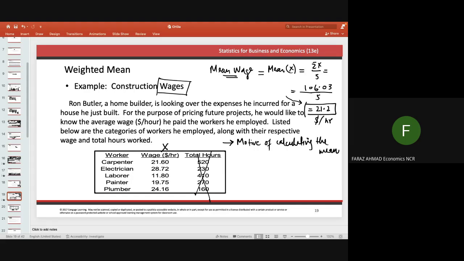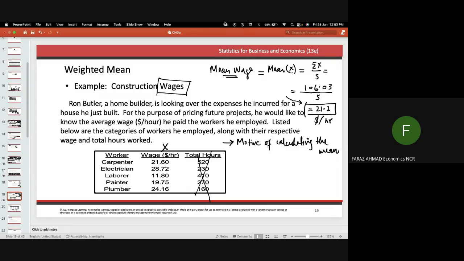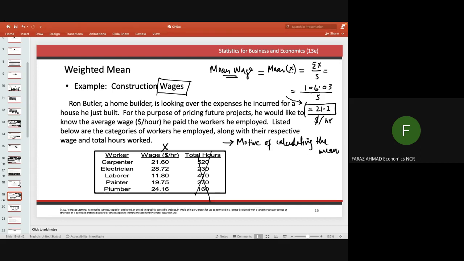The reason is that in this calculation, he has assigned equal weight to all workers. He is treating them in the same way. So he is taking no difference between a carpenter and an electrician and a laborer and a painter and a plumber. He is taking all the wages and assigning them equal weights and wanted them to reflect in the mean equally. So that's why we got a mean of 21.2, so that every wage here is reflected equally.